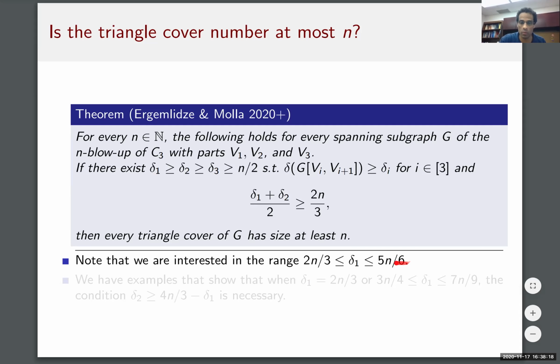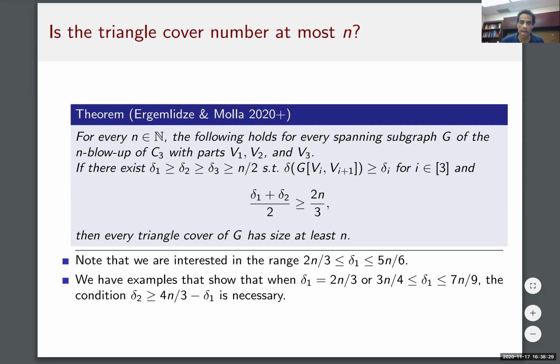So this is really the range where delta 1 is between 2n over 3 and 5n over 6. Certainly there's an example when delta 1 is 2n over 3, and we have examples when delta 1 is between 3n over 4 and 7n over 9.